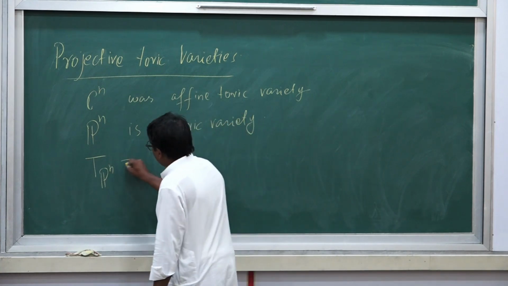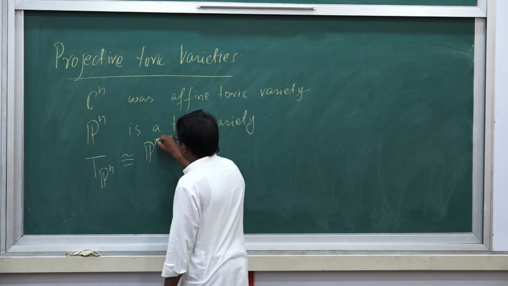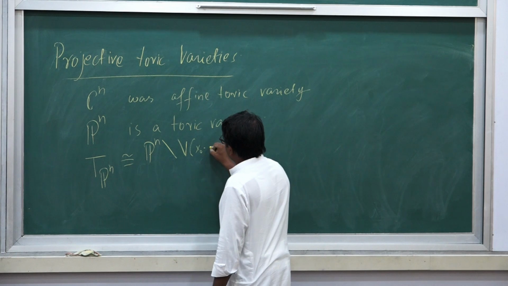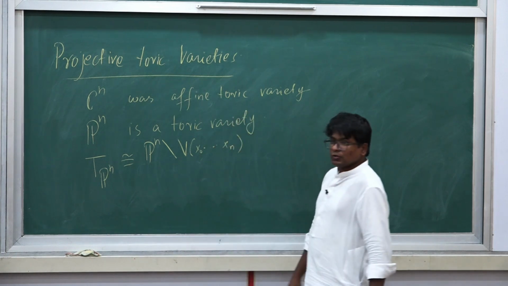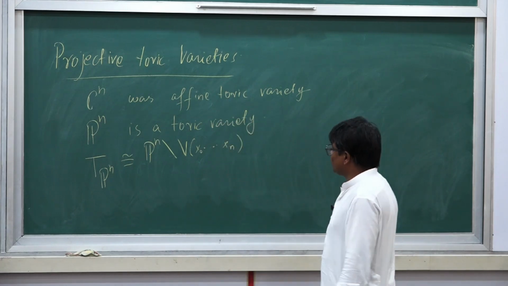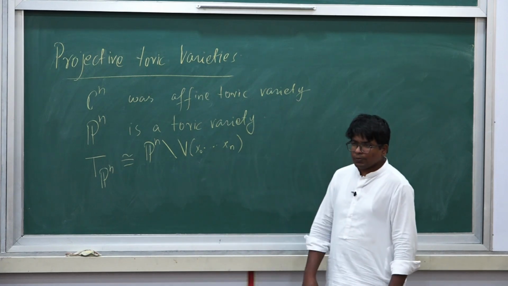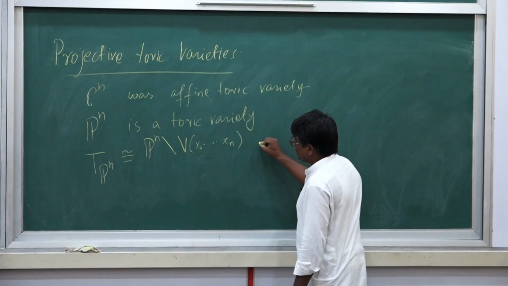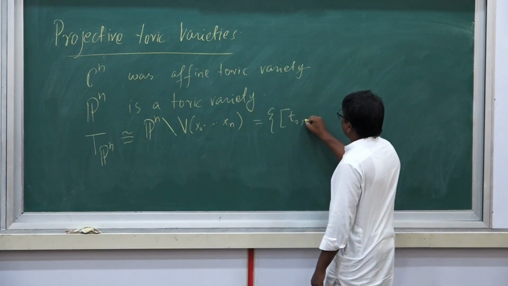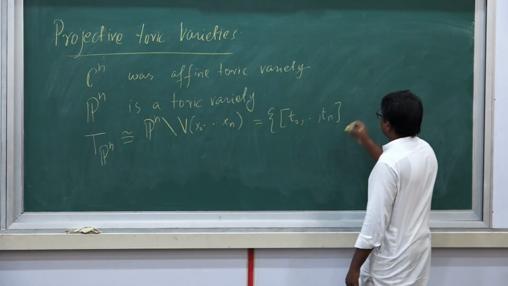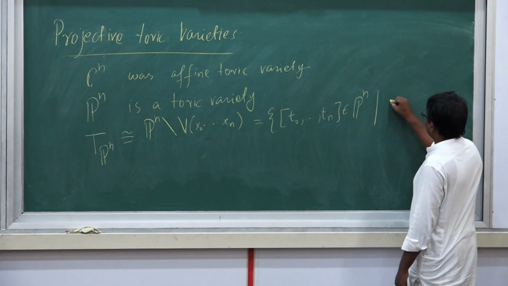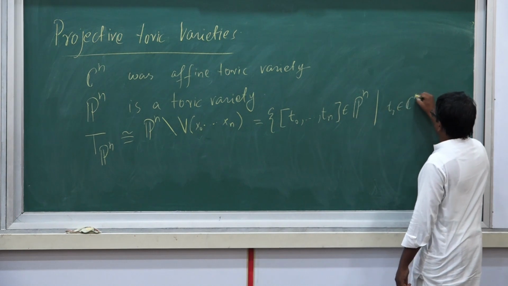That cone should be something which is isomorphic to Pn minus this variety, x naught up to xn product. So you take the Pn variety and you subtract from it this homogeneous part. This actually means that all points T naught up to Tn in your projective variety Pn are such that Ti belongs to C star.